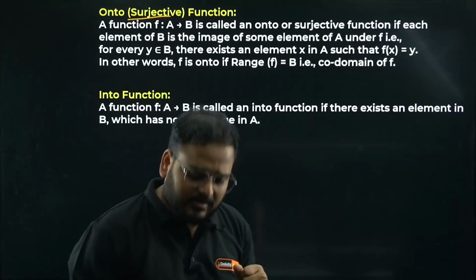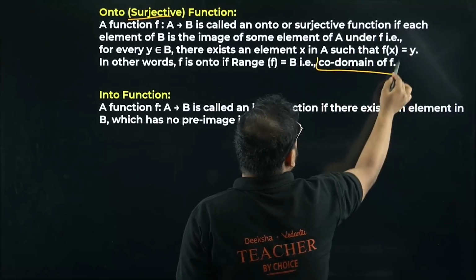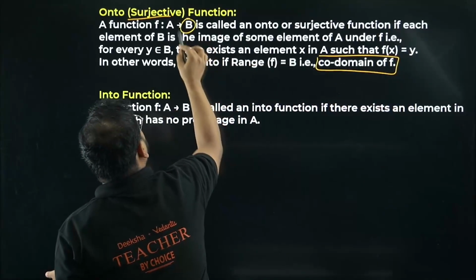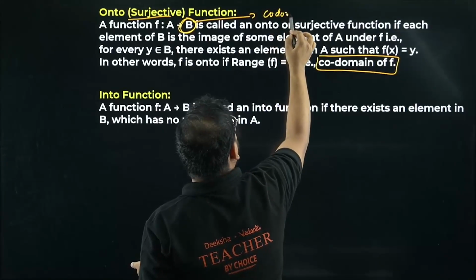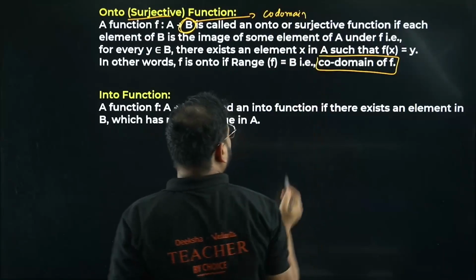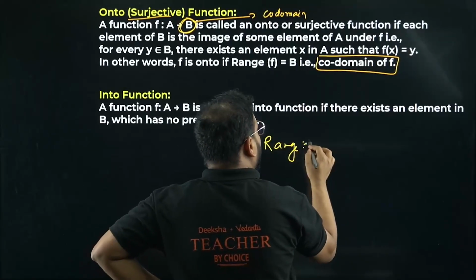Sir, what is range? You said codomain so far. What is codomain? This part, this B, is simply called the codomain. Then what is range? How do you define range?